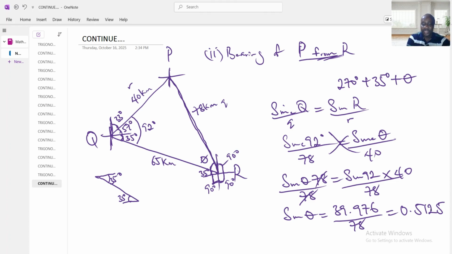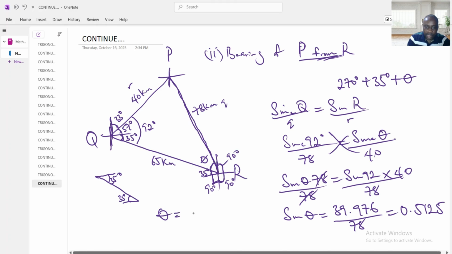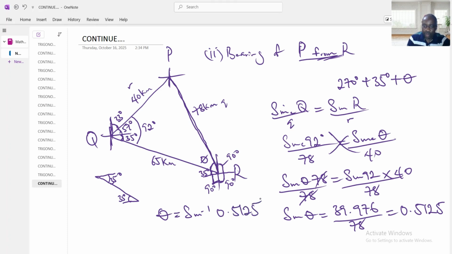After shift, then press the sine. It will show sine -1, then 0.5125. Just press equal to. It's going to give you your answer in degree. Therefore, our theta is 30.8 degree or 31 approximate to the nearest whole number, 31 degree.